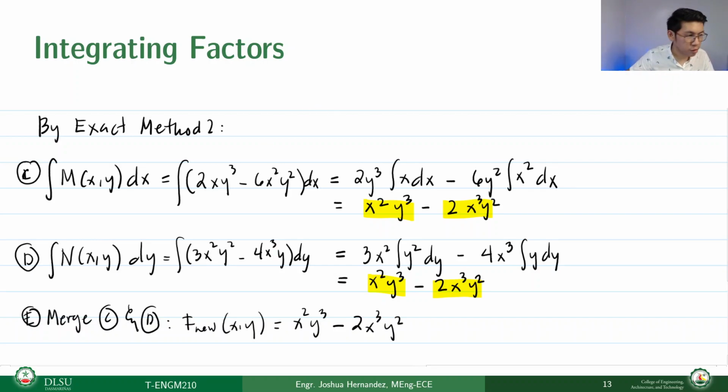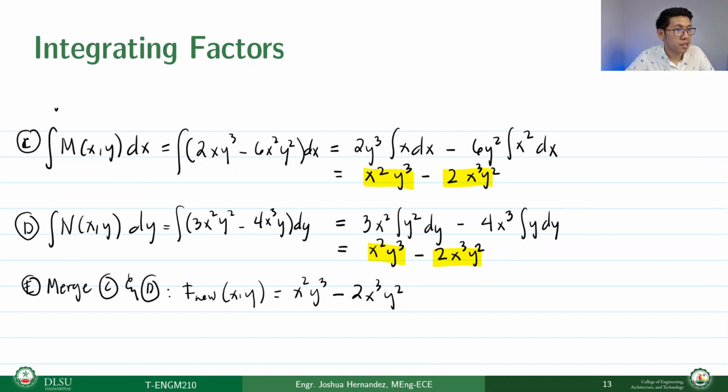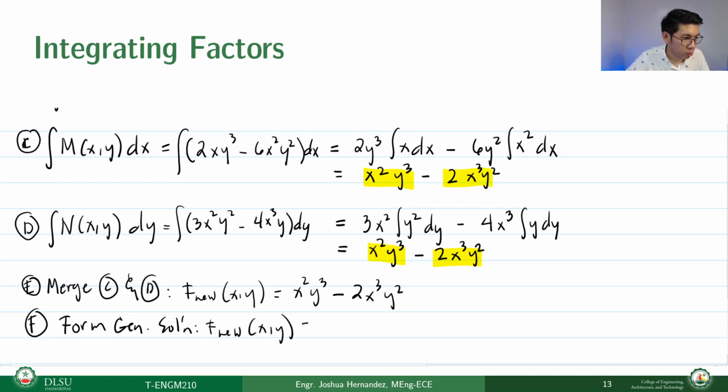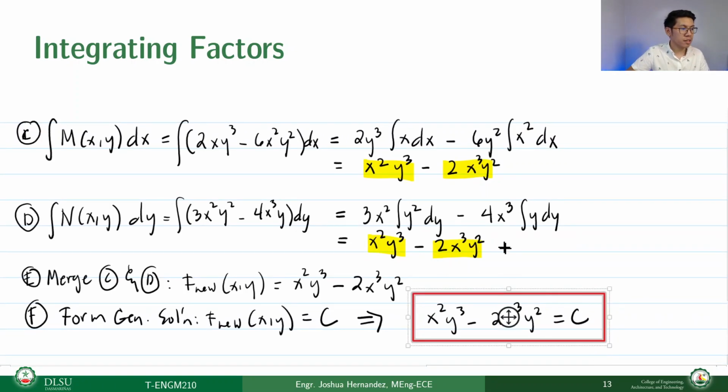And so, forming our general solution, we can have step F, and that is form general solution, and that is the new f(x,y) equal to C. So we have x squared y cubed minus 2x cubed y squared equals C. And that, ladies and gentlemen, is our solution for the non-exact equation.